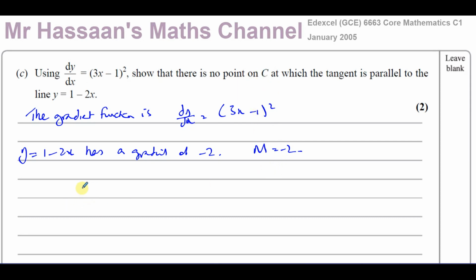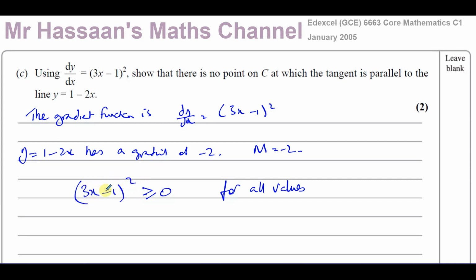So we can see that (3x minus 1) all squared is something which will never be negative. (3x minus 1) all squared is always greater than or equal to 0 for all values of x. We can see that because whatever is inside here, even if it's negative, it's going to be squared.